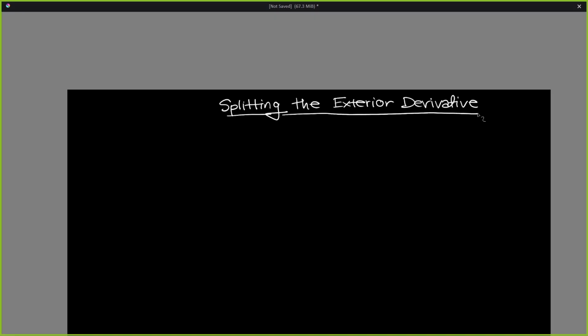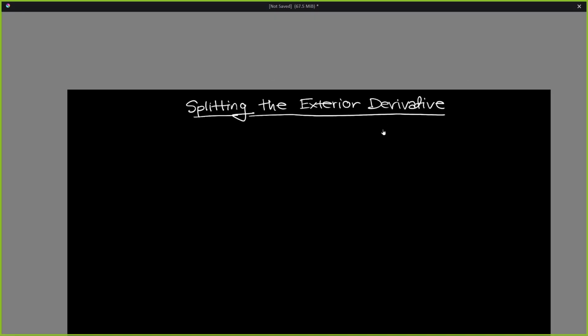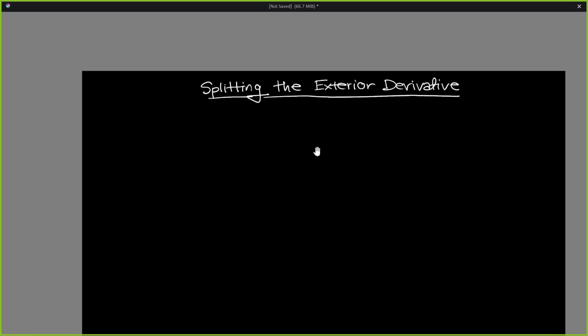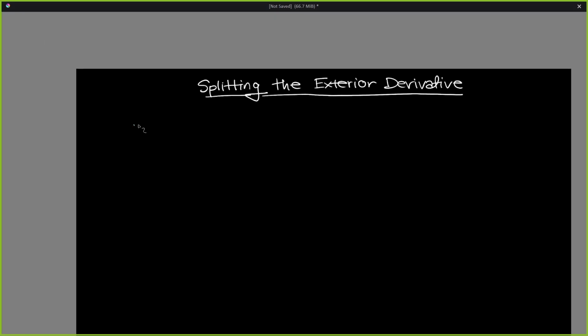What I'd like to remind people in this lecture is that so far we've been working on an almost complex manifold. So M is right now an almost complex manifold.